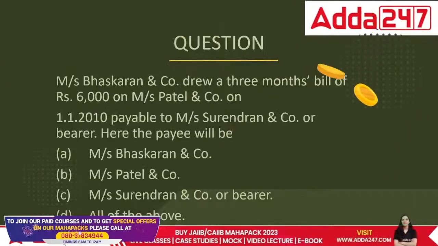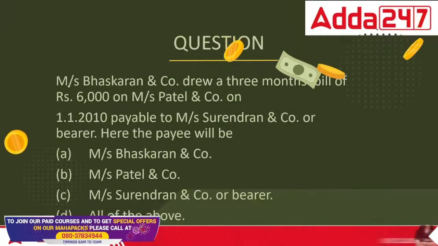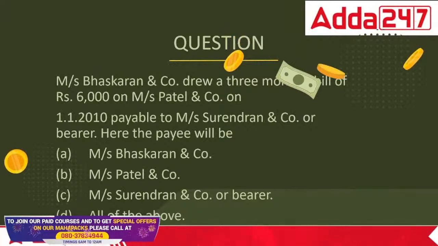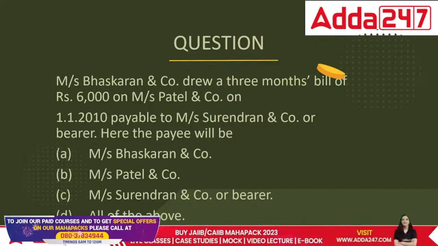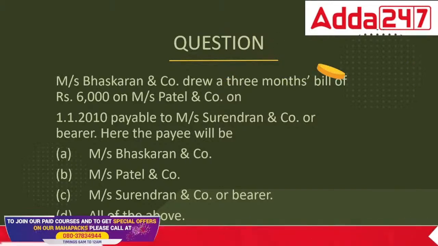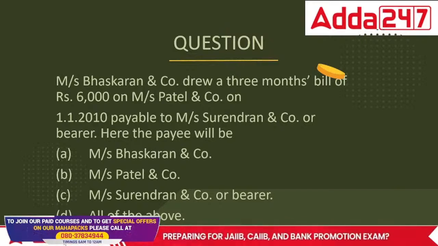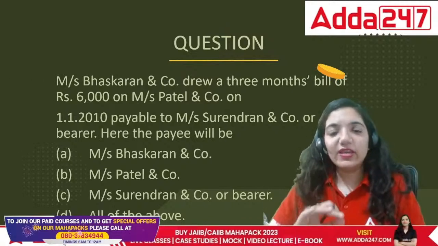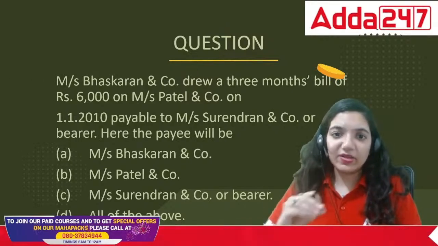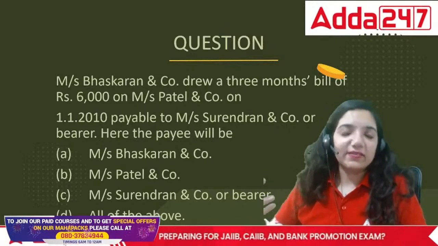Here comes the next question. This says that Messrs. Bhaskaran and Company drew a 3 months bill of exchange of rupees 6,000 on Messrs. Patel and Company. See, one particular company is issuing a bill on another company, right? You can say that these are not actually companies.